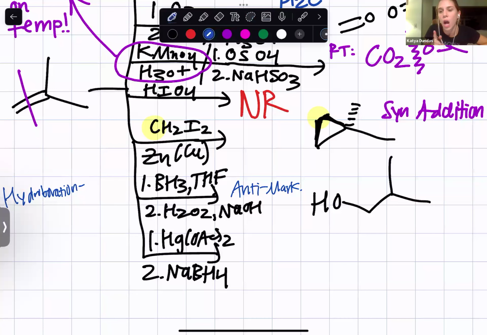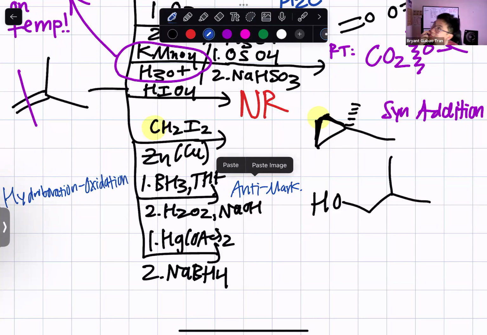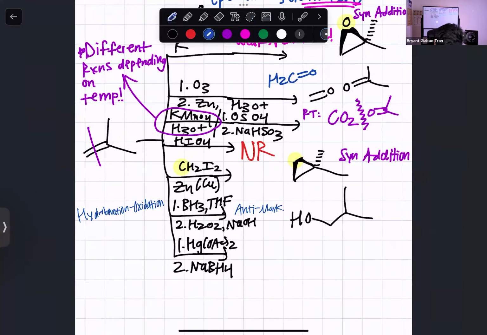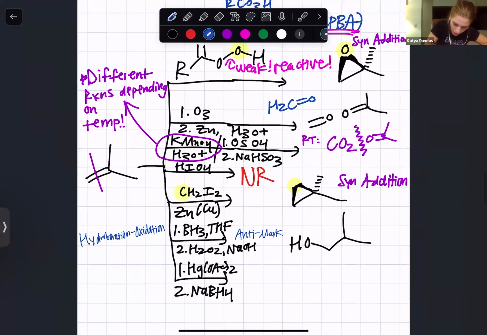Or no, it was for alkynes. So I think I got confused because that one was an alkyne to two ketones. Different. Yeah, something like that. I don't know what I had drawn. I'll figure it out. Right now, everything just needs to be correct, and then it's good stuff.